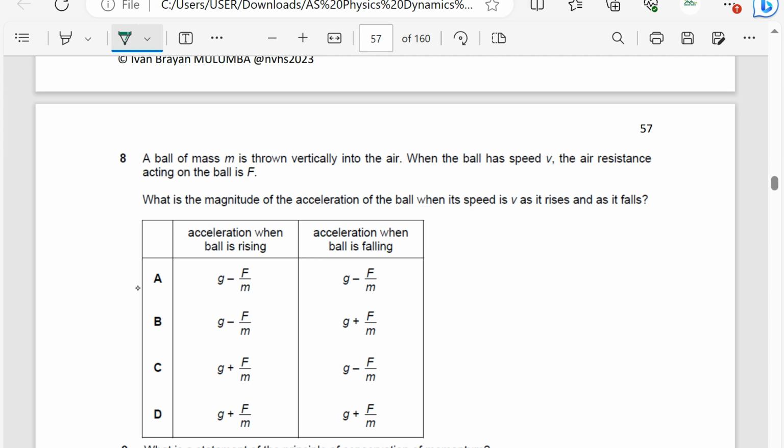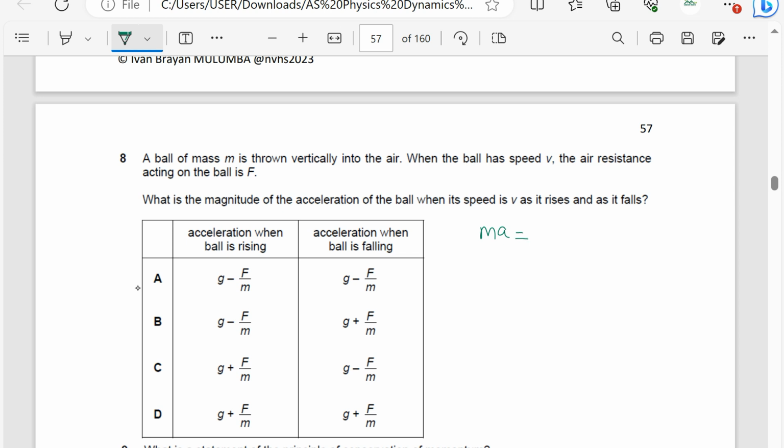A ball of mass m is thrown vertically into the air. When the ball has speed v, the air resistance acting on the ball is F. So let's look at the ball when it is going upwards. From Newton's second law, the resultant force is given by m times a.